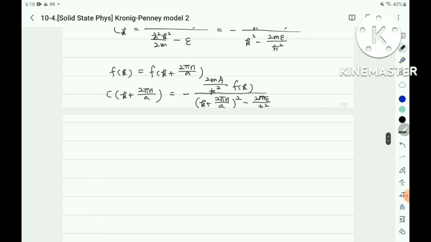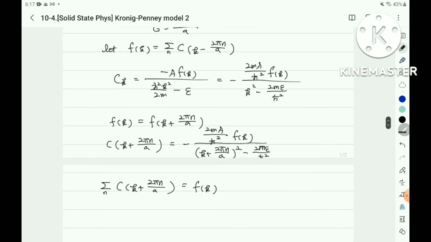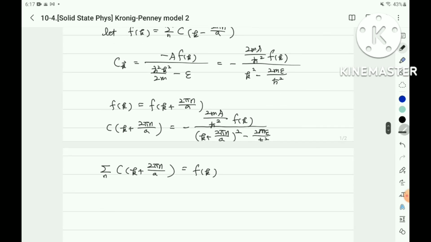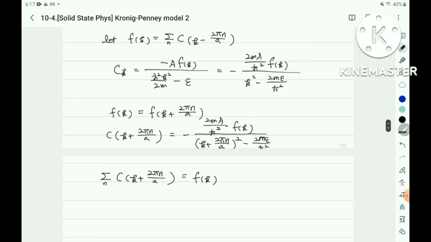Let's sum both sides over n. The sum of c_{k+2πn/a} is equal to f_k, because the summation over k gives f_k, and minus and plus are not important because of translational symmetry; they are identical with each other.